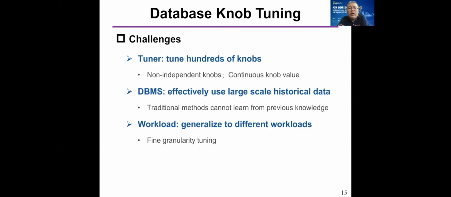So for databases, can we effectively use large-scale data to tune the knobs? You know that for the database vendors, it's rather hard to get large-scale experience data, especially on production machines, because they do not want to remember many workloads.